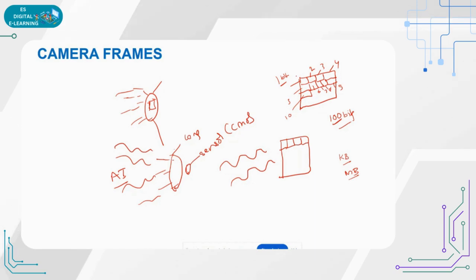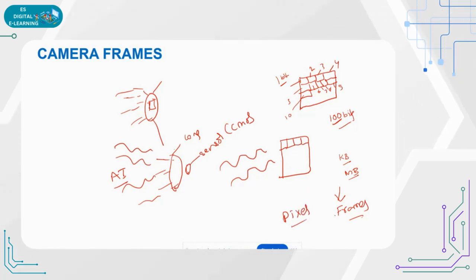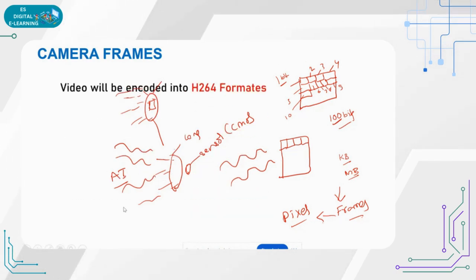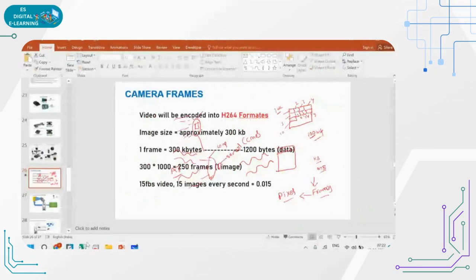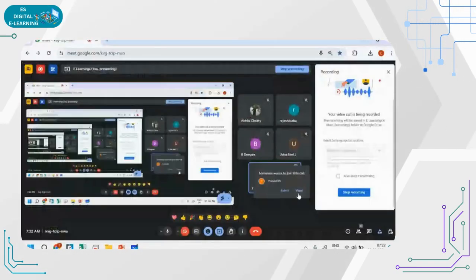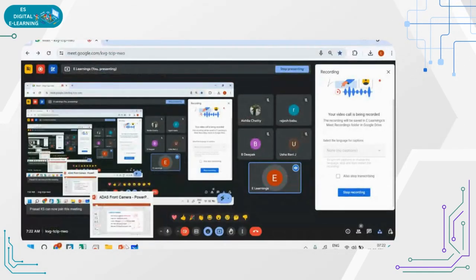Whatever image we are capturing will be taken in the form of frames. Is it clear? That is the pixels, what we say as pixels. So the frames will be converted to pixels, and pixels we are able to see on the window. On the image, the backend will be the pixel part. So is it clear, right?